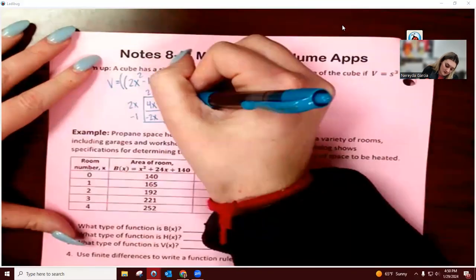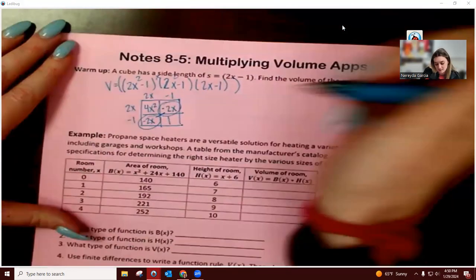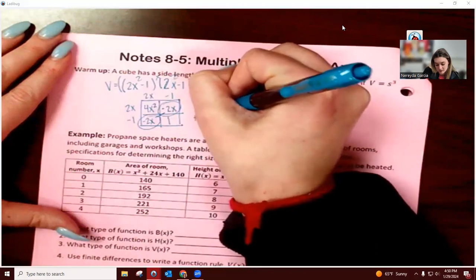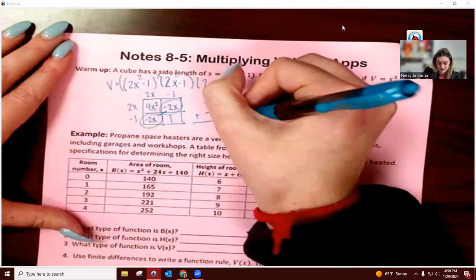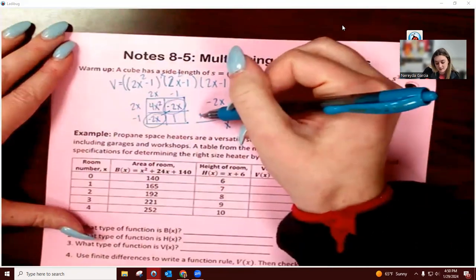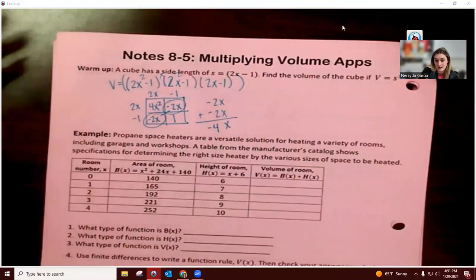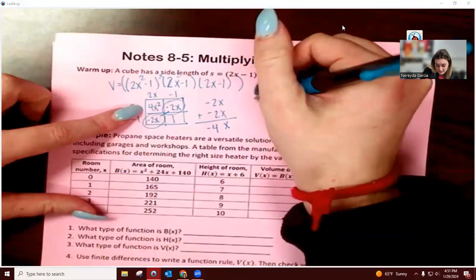Gotta combine my like terms. So negative 2x and negative 2x are the same. I'm gonna go over the side and say what's negative 2x plus negative 2x. Gotta drop my common term, so my common term is x. Negative 2 plus negative 2 is negative 4. I got all I need for that one, so I can set up my equation with my highest term first.